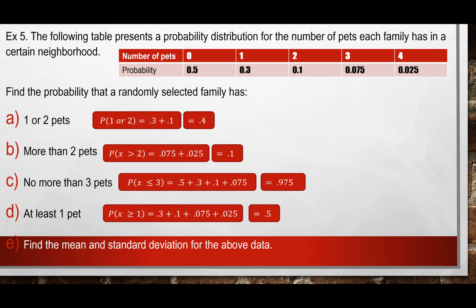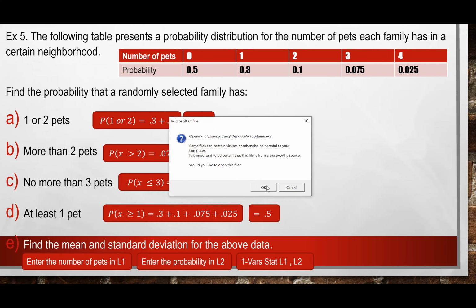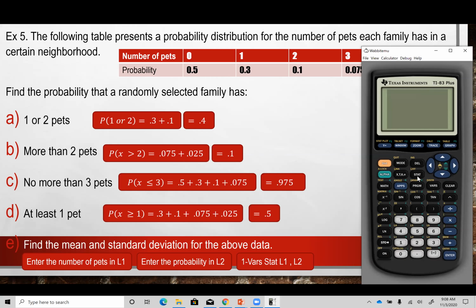This is the other thing, the hardest thing that you guys have a problem with: given this item, how do you find the mean and how do you find the standard deviation? Reminder, to find the mean and standard deviation, you need to use your 1-Var Stats. But before you do the 1-Var Stats, you need to hit STAT and edit your list.